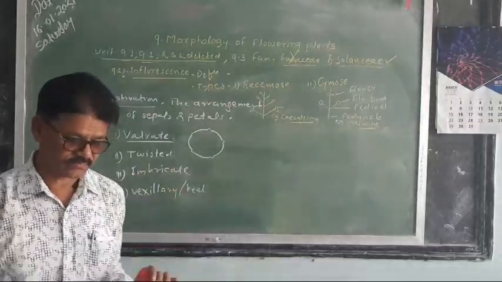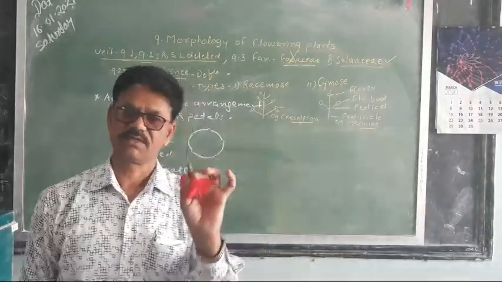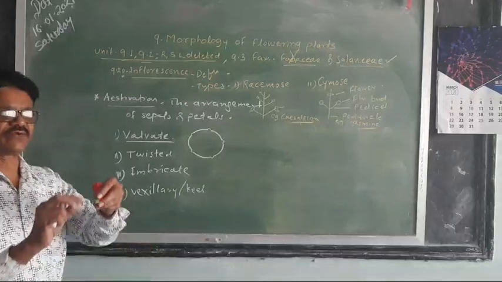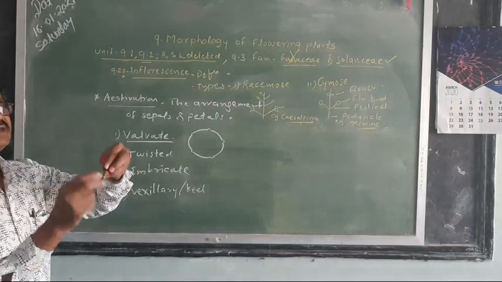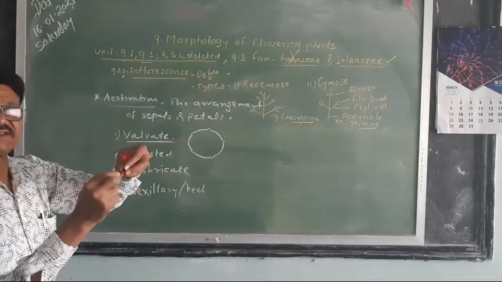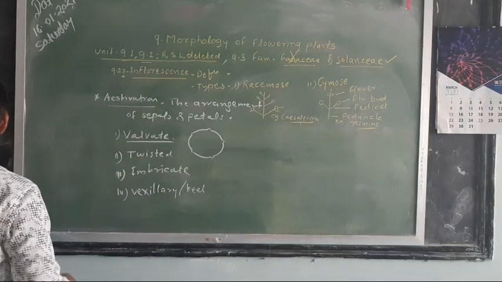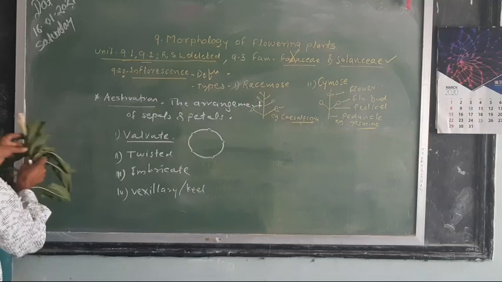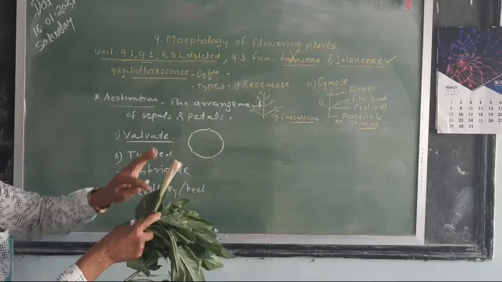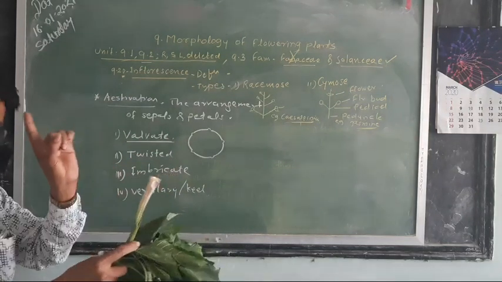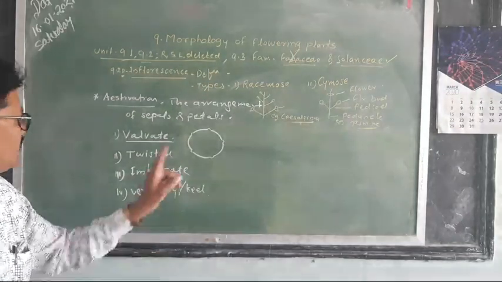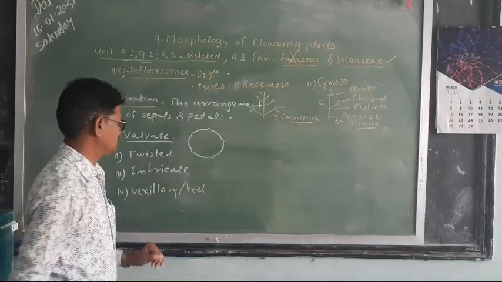In your textbook, Calotropis is the example, but here you can write that the sepals of China rose, or petals and sepals of Datura, are examples of valvate type of aestivation.